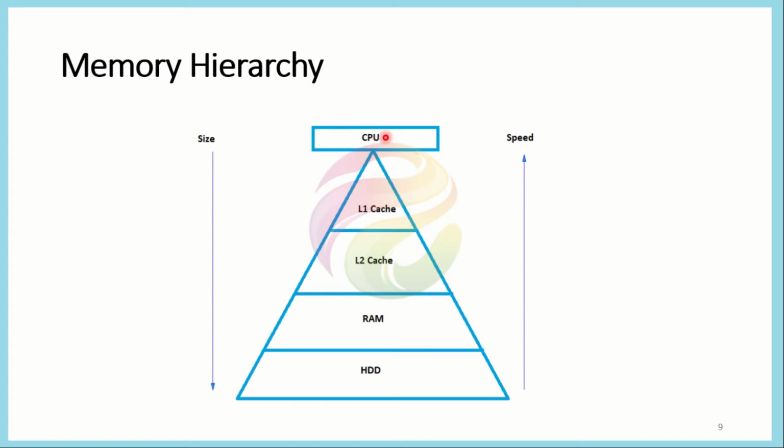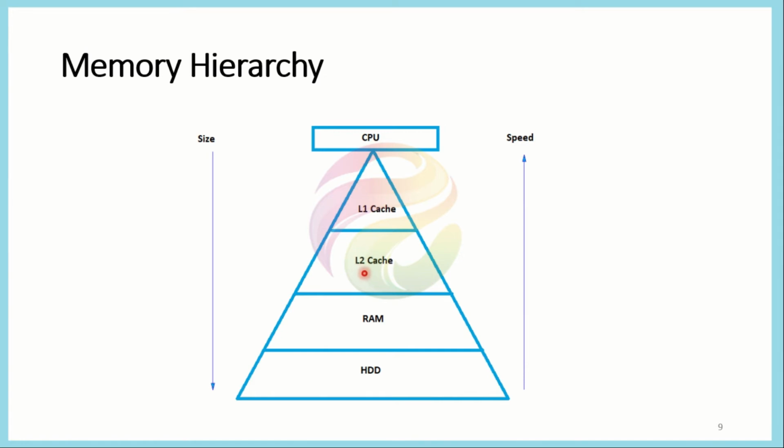Then we generally divide, or categorize, our memory in this kind of part. The closest memory to our CPU is generally known as the cache. Cache itself is divided into two parts. First is the L1 cache, and the second is the L2 cache. What do the L1 cache and the L2 cache do?